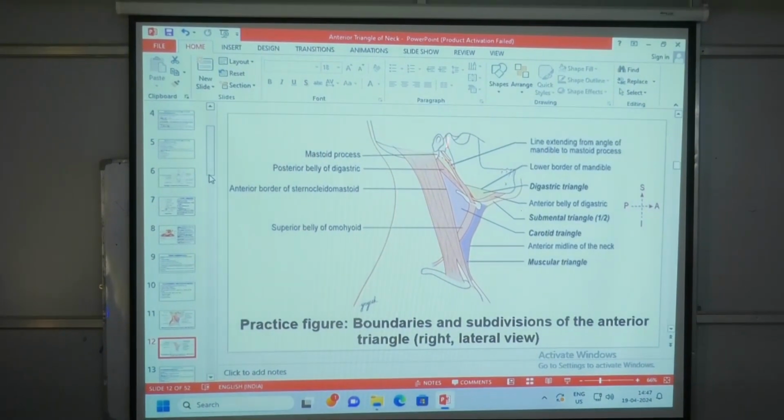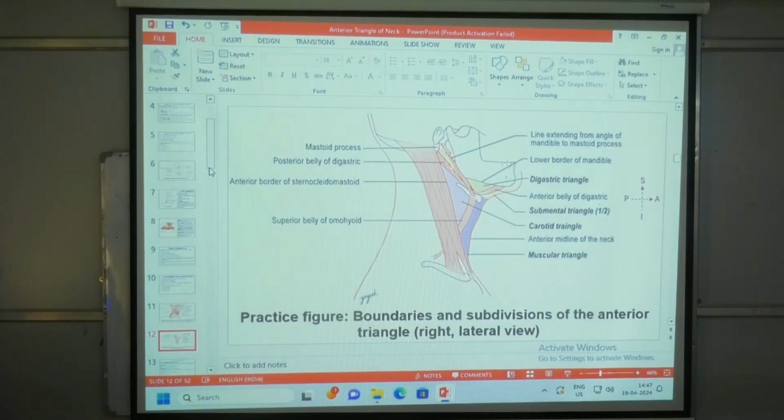Some part of the spinal accessory nerve you will see in this posterior part. In the upper part you will see the origin of facial artery and the lingual artery, in some part of the digastric triangle. So all these you have to see. Okay, understood? Okay, now you go to the cadaver.